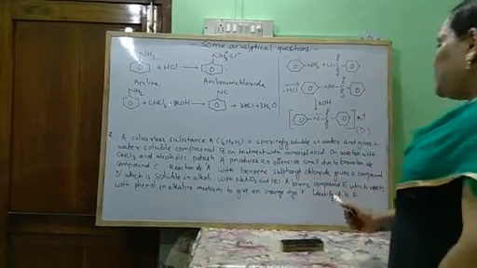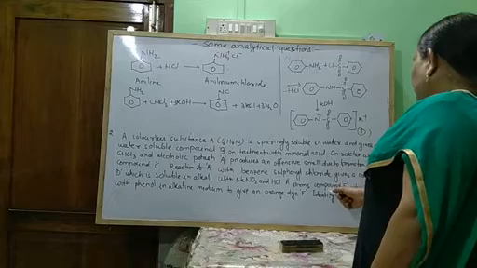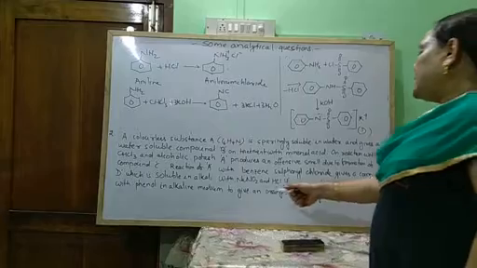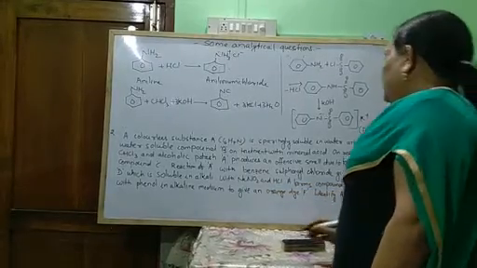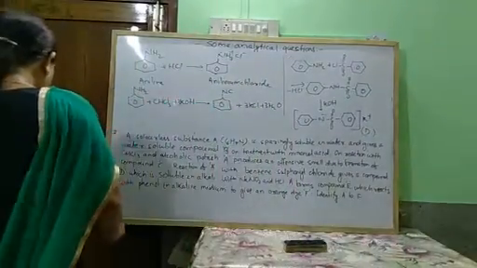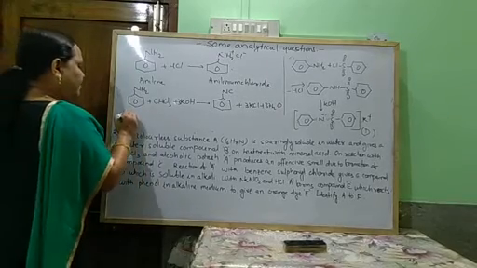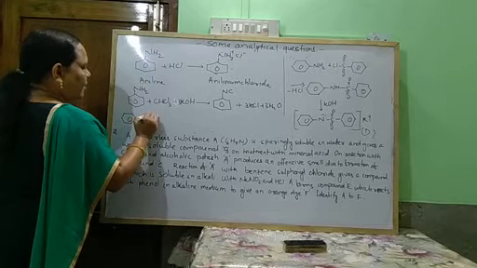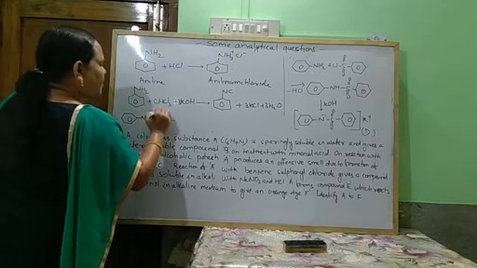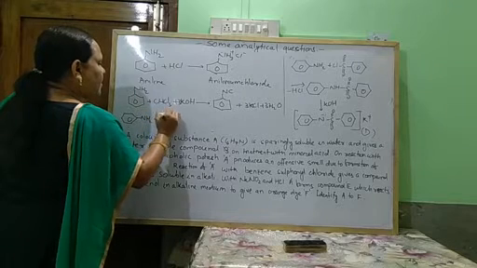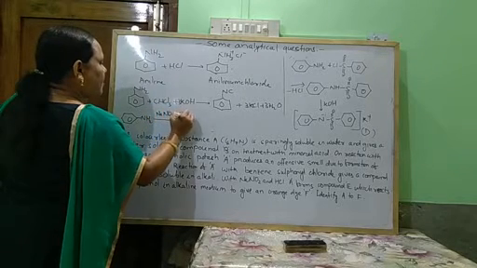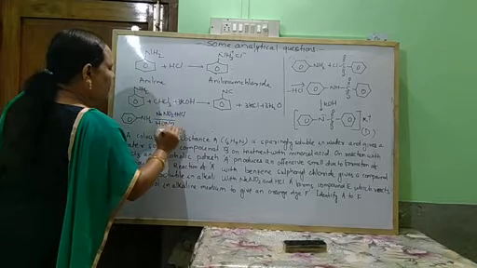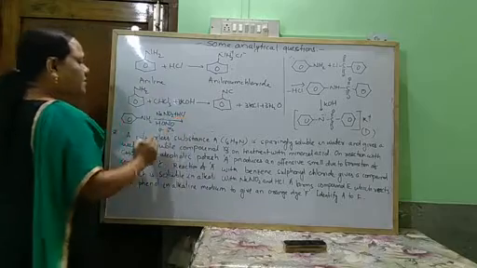With NaNO2 and HCl, A forms a compound E, which reacts with phenol in alkaline medium to give an orange dye F. Then this aniline, NH2, reacts with NaNO2 and HCl, that is nitrous acid at 0 to 5 degrees Celsius.